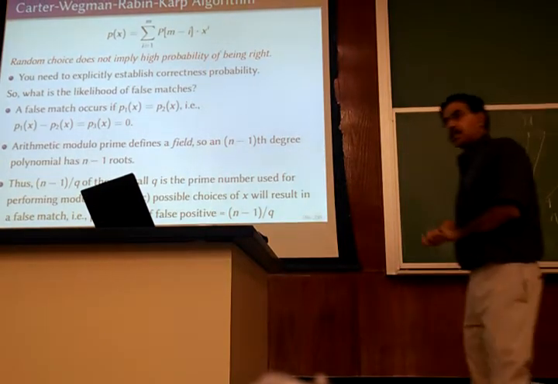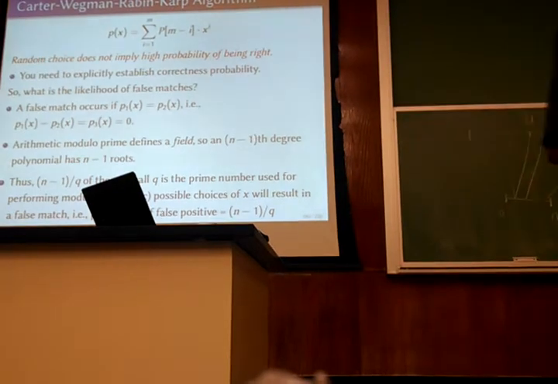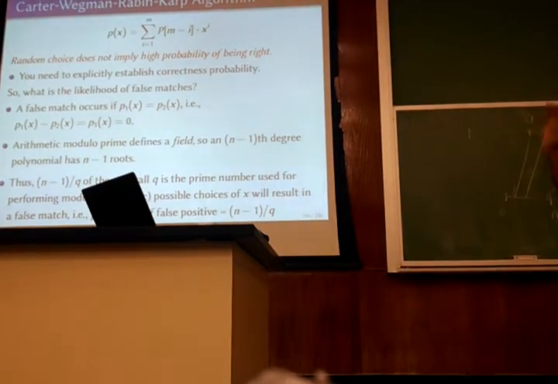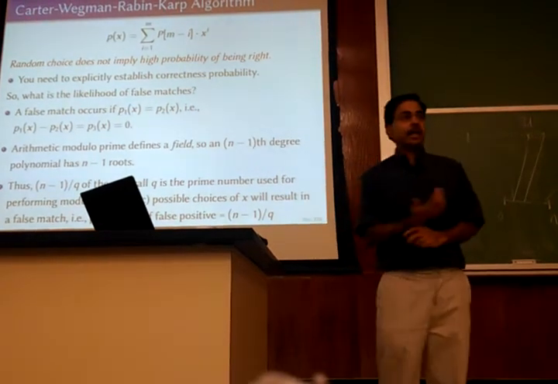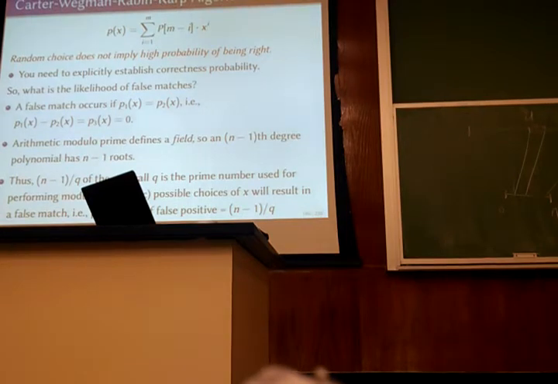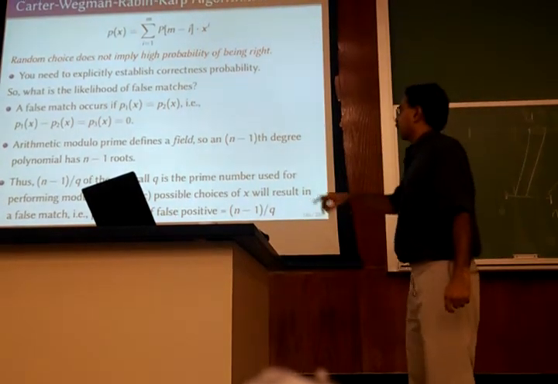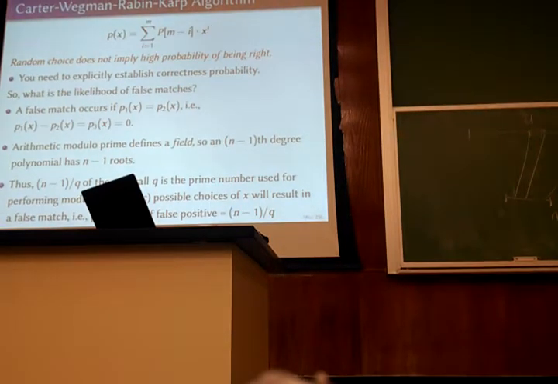When you evaluate polynomials over this field, you still have the result that there can be only n minus 1 roots, which means P1 and P2 are going to match at only n minus 1 points.